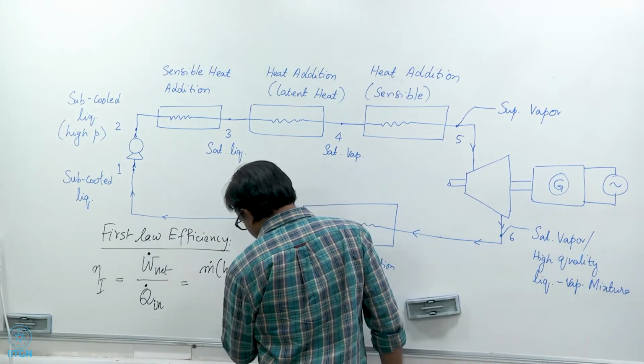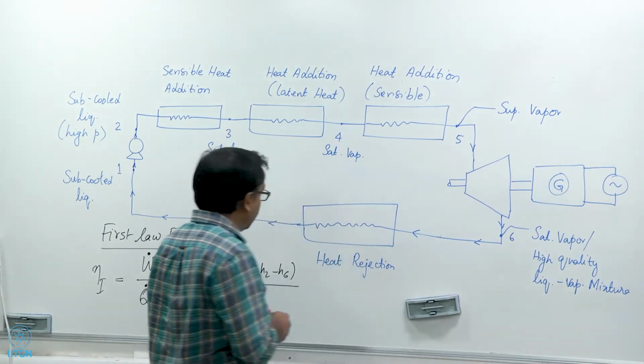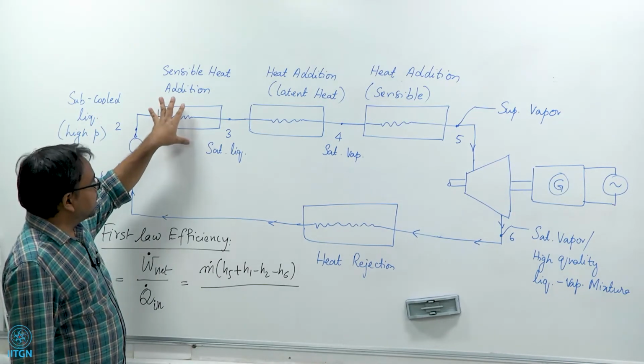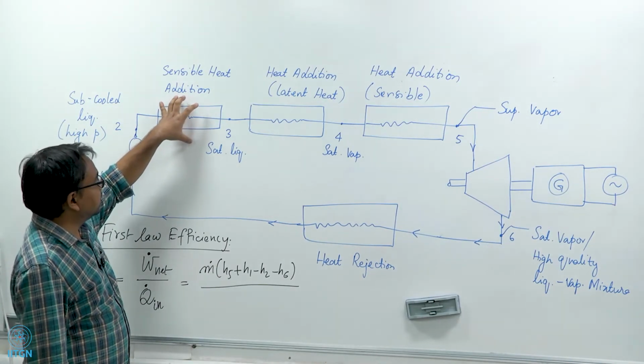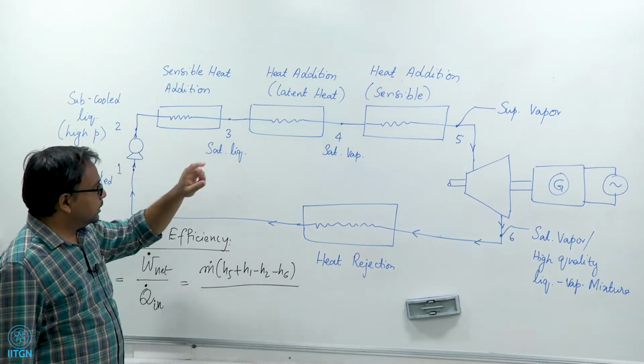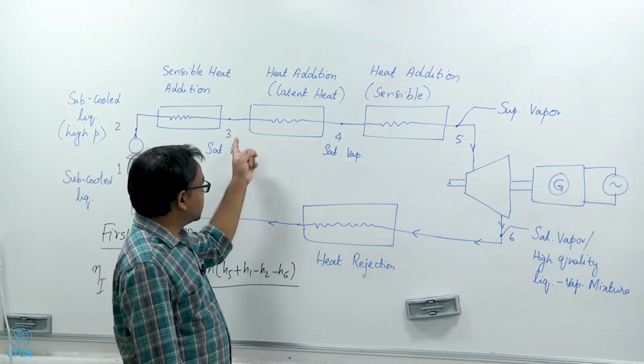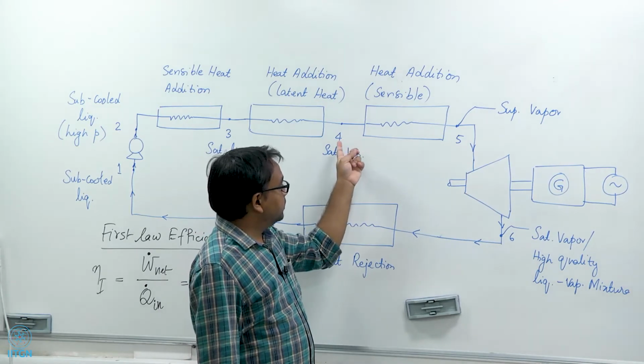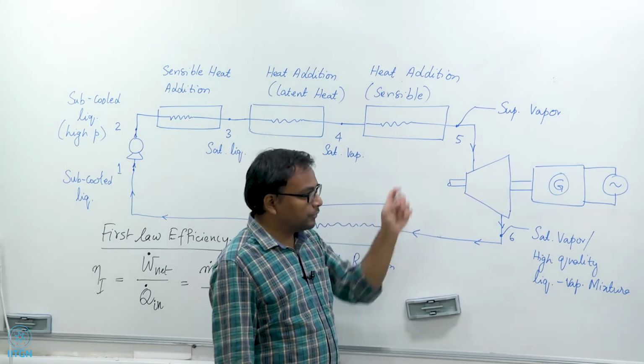And what is Q dot in? So, again if you refer to this figure, you will see that Q dot in will be the heat input, the sensible heat input between states 2 and 3, the latent heat input between states 3 and 4, and the heat addition between states 4 and 5.